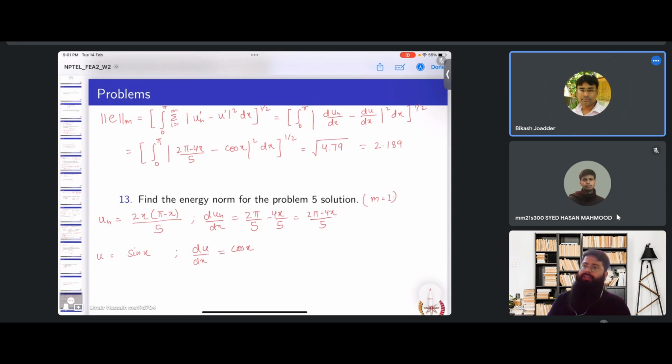I was able to join the class late, but whatever I have seen, the solution of the problems was really very good. I enjoyed it a lot and learned a lot. Finite element was a subject in my course, and after a long time, I am again enjoying the subject.